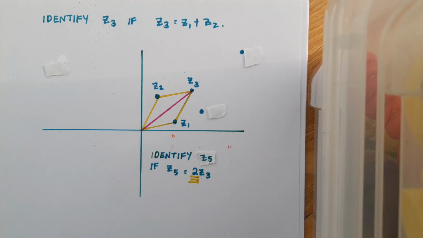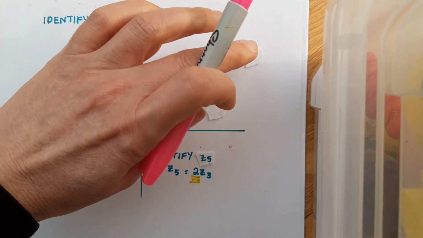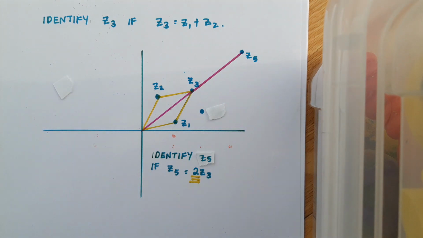And I think at this point it's pretty apparent which point I'm referring to. So to be absolutely 100% certain, I'm going to put my ruler down again, and I'm simply going to measure the distance from the origin to z3 and then double it. And when I do this, it's quite clear that I land on this point here, and so this point must be z5.